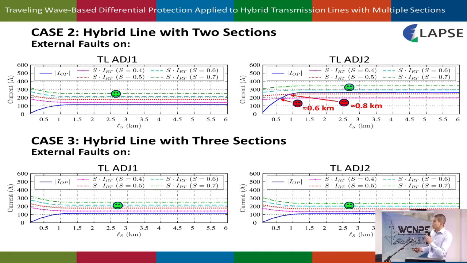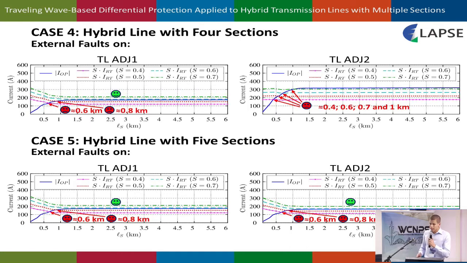For an external fault on TL adjacent one, when the length of the underground cable section is more than 0.6 and 0.8 kilometers, the TW87 operates incorrectly. In case 2, for external faults in TL adjacent one and TL adjacent two, TW87 restrained correctly. In case 4 and case 5, in the main case, when the length of the underground cable section grows, the TW87 operates incorrectly.